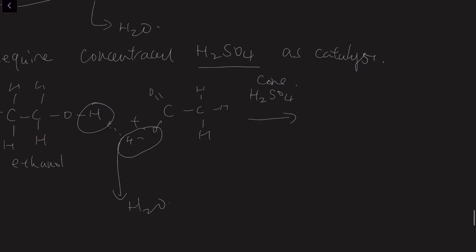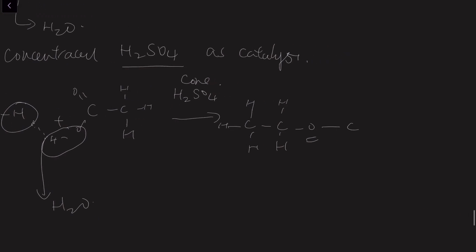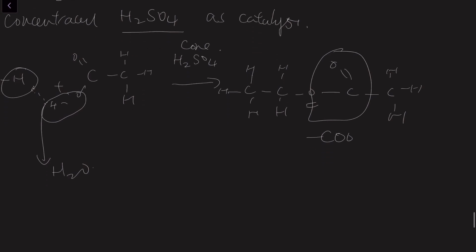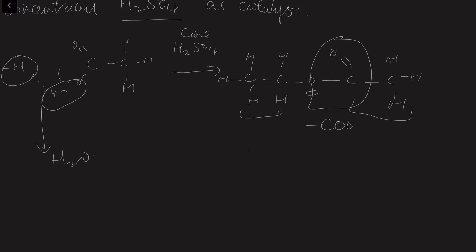Then we establish a direct link between the oxygen from the hydroxyl group and the carbon from the acid, and we get this ester linkage, or the COO functional group. Since we have two carbons on the alcohol side and two carbons on the acid side, it is named ethyl ethanoate.